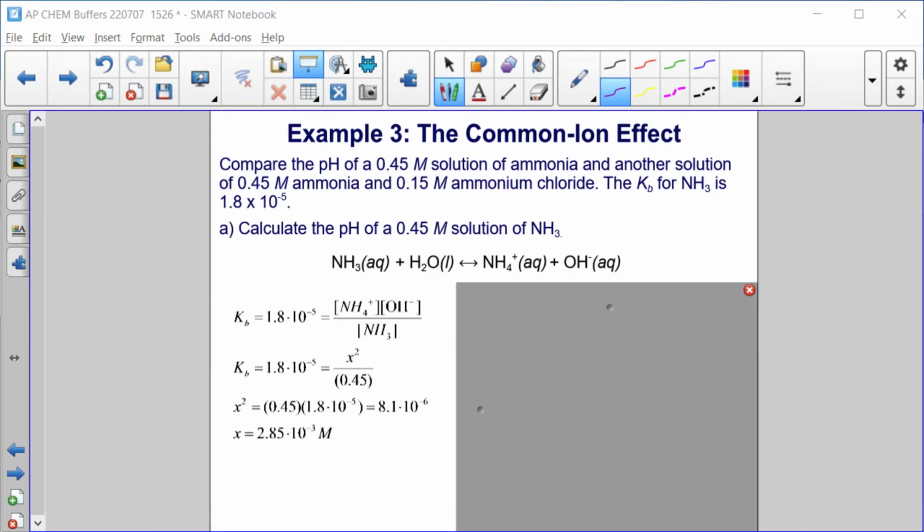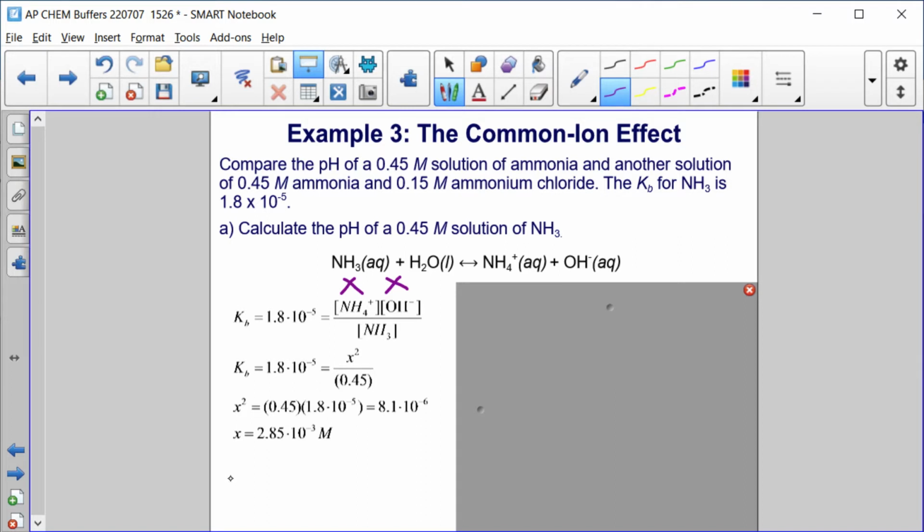All right, so once we know the concentrations at equilibrium, we can use the Kb expression to find our unknown X. So Kb, which was given as 1.8 times 10 to the minus 5, is the concentration of the products at equilibrium over the concentration of the reactants. For NH4 plus and OH minus, I can substitute X from my ICE chart, and I get X squared. Now for the concentration of NH3, I just have 0.45.